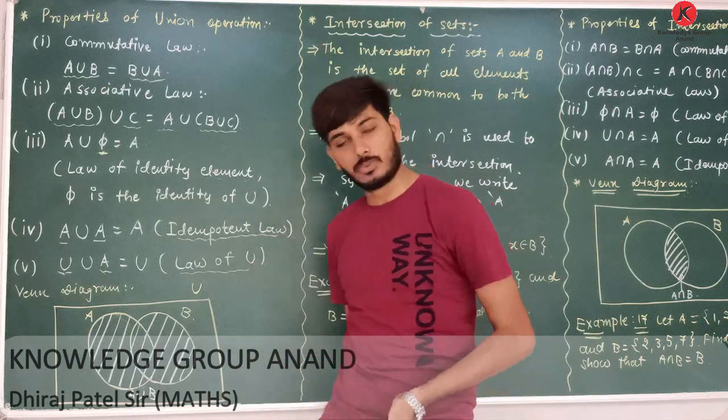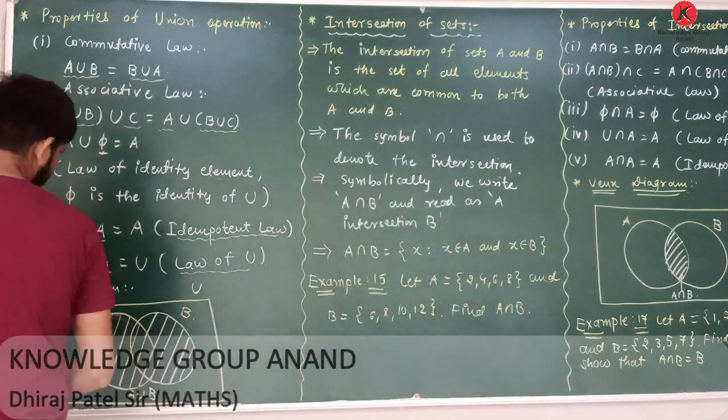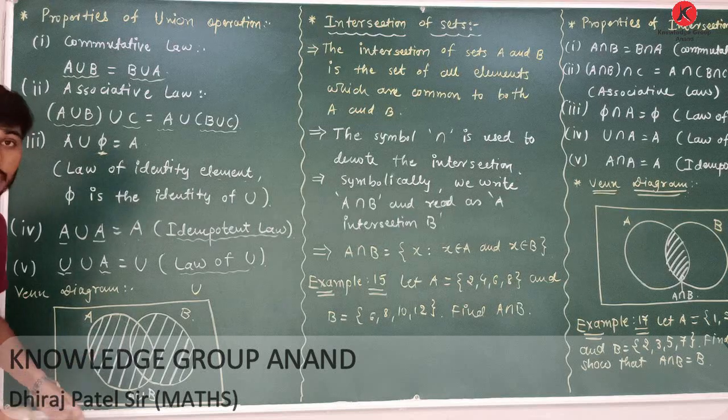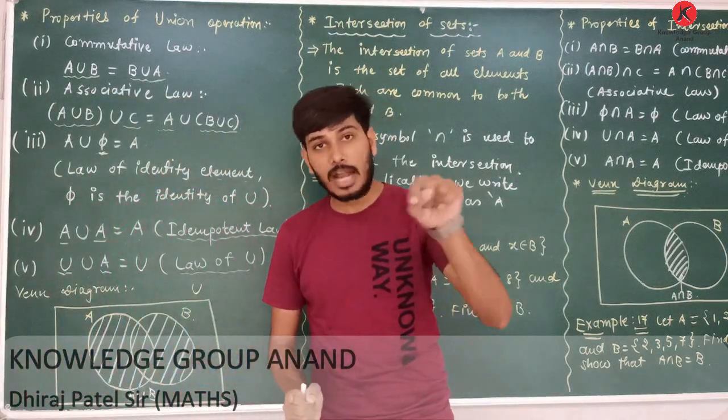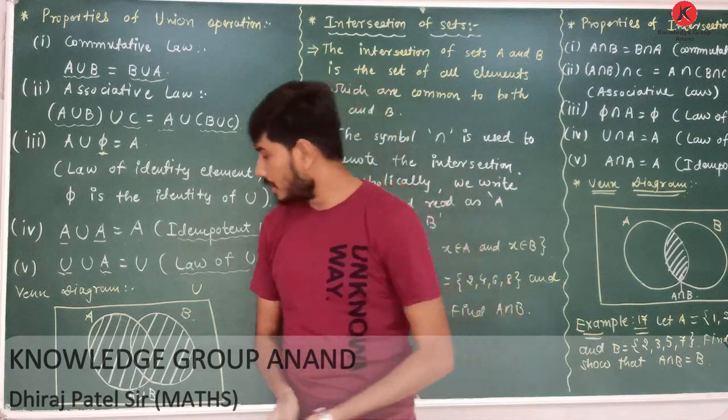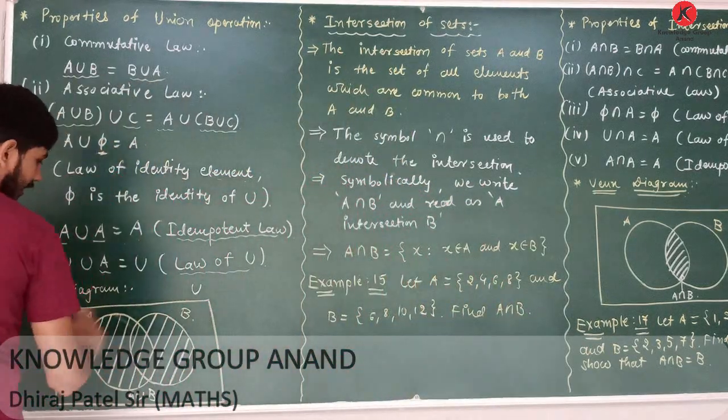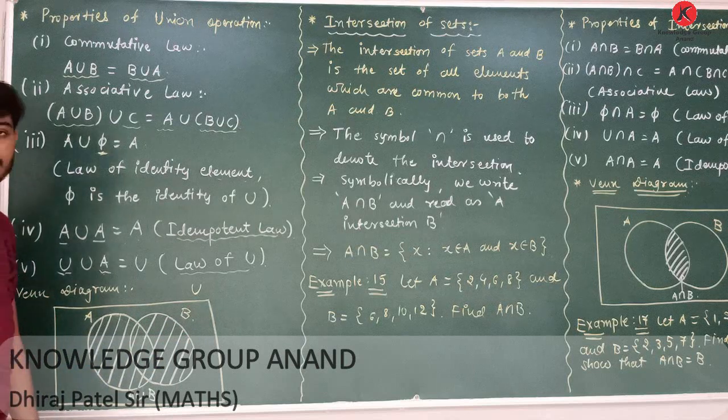Next one, the Venn diagram of A union B. How can we represent the portion of A union B in Venn diagram? So see here, I am considering the rectangle named as universal set.